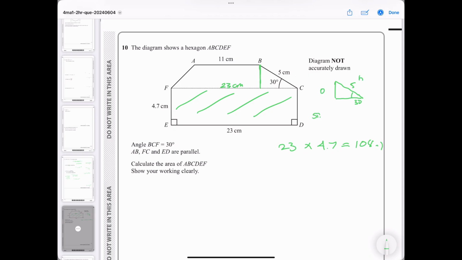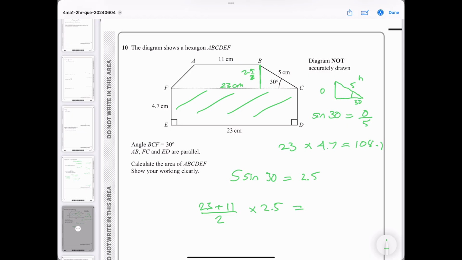So we know that the sine of 30 equals opposite over 5. So 5 sine 30 will find us what this is here. Equals, oh, that's 2.5, I think. So sine 30 times 5 equals 2.5. So 2.5 or 5 over 2. So to find the rest, we just do 23 plus 11 over 2 times 2.5.